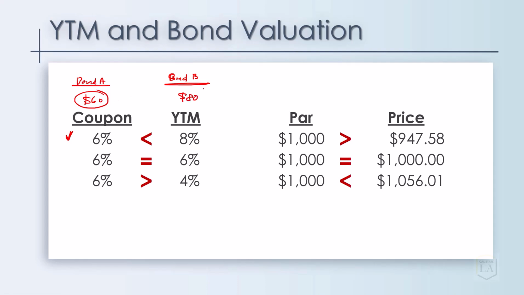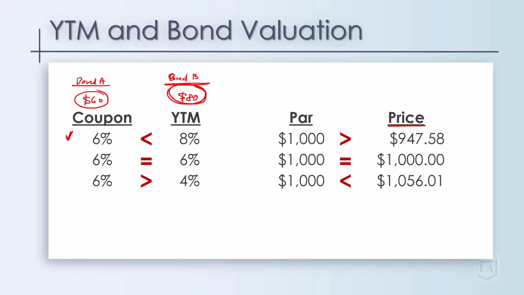So which one would be the more preferred bond between bond A and bond B? Of course, the comparable bond B. So demand will be drawn to bond B and diverted from bond A. To compensate investors of bond A, it will have to be compensated with the price. So the price will have to be sold at a discount.